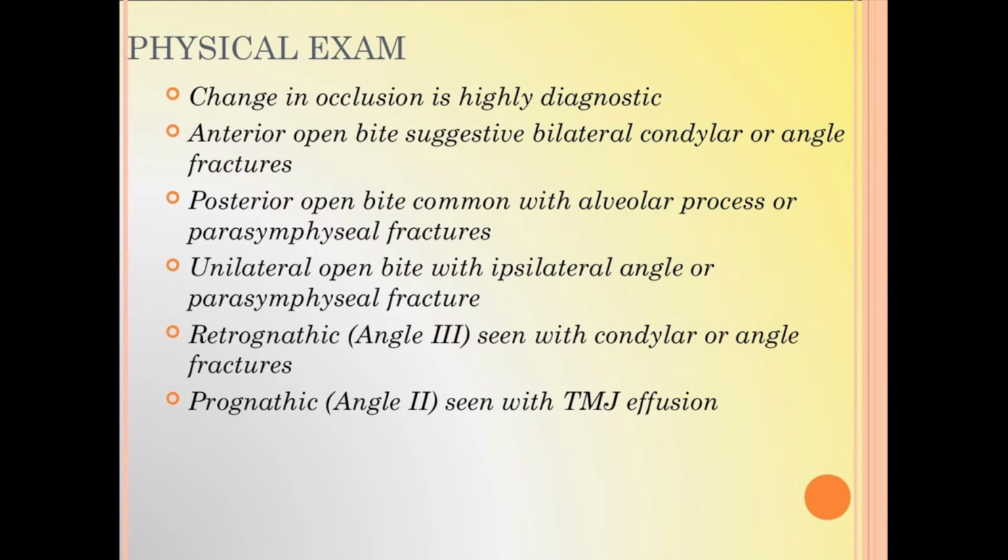Unilateral open bite occurs with ipsilateral angle or parasymphyseal fracture. Retrognathic angle is seen with condylar or angle fracture. Prognathic angle is seen with TMJ effusion.